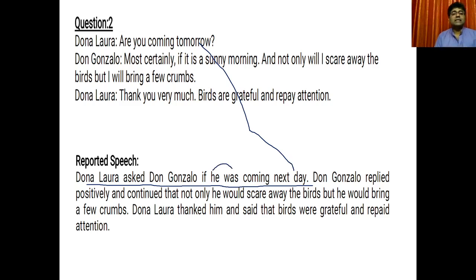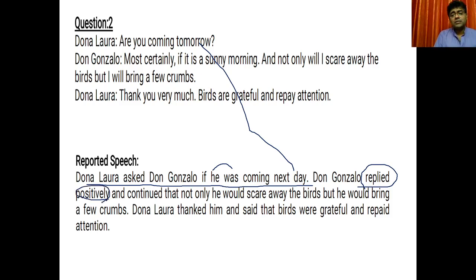Now see, once again an example is here. Most certainly I would come. But he does not say "I would come". He just says "most certainly". So how is it put here? You see, Gonzalo replied. The reporting verb used here is "replied". You could have said "said" also, but "replied" suits better. Replied positively. What do you mean by positively? Positively means he would come.